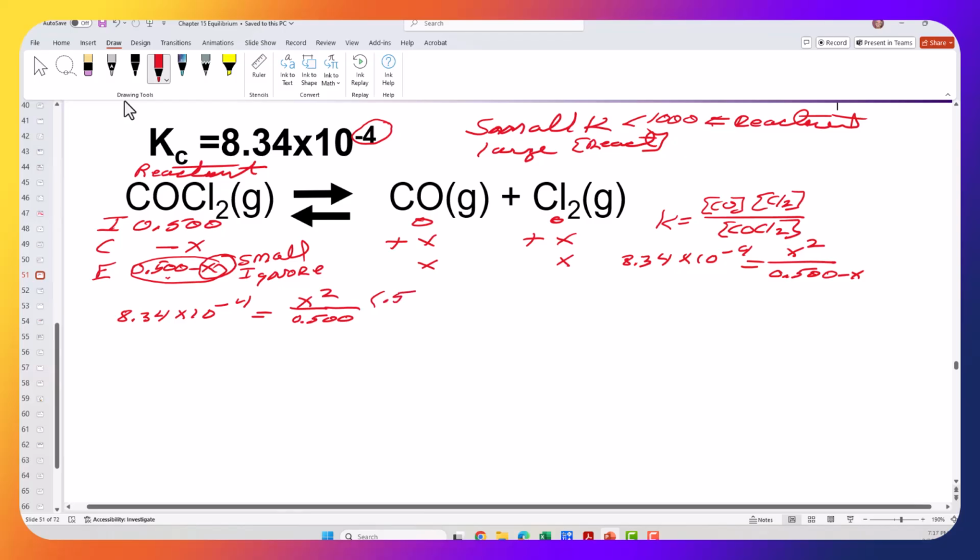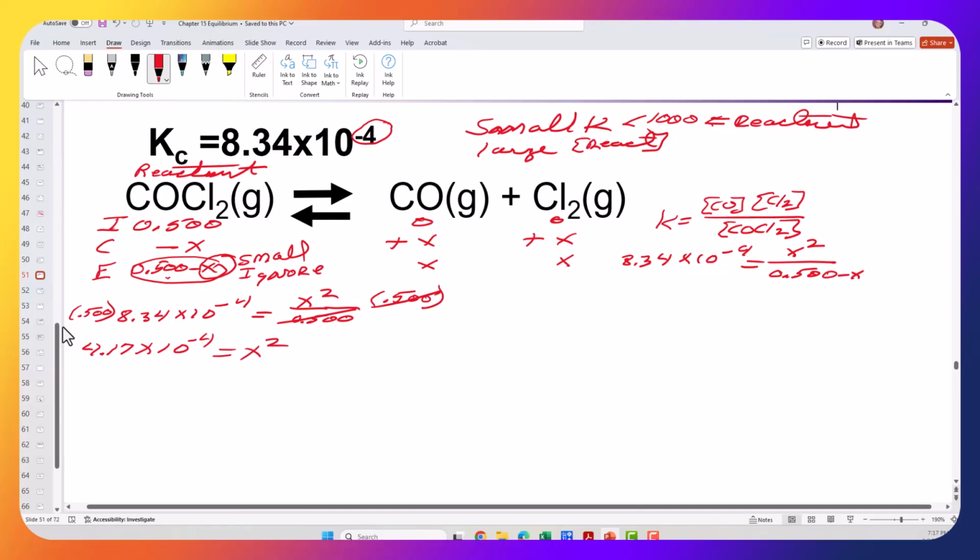We'll multiply both sides by 0.500. It'll cancel over here, and I'll do the same thing over here, multiplying 0.500 times 8.34 times 10 to the minus 4. I get 4.17 times 10 to the minus 4 is equal to x squared.